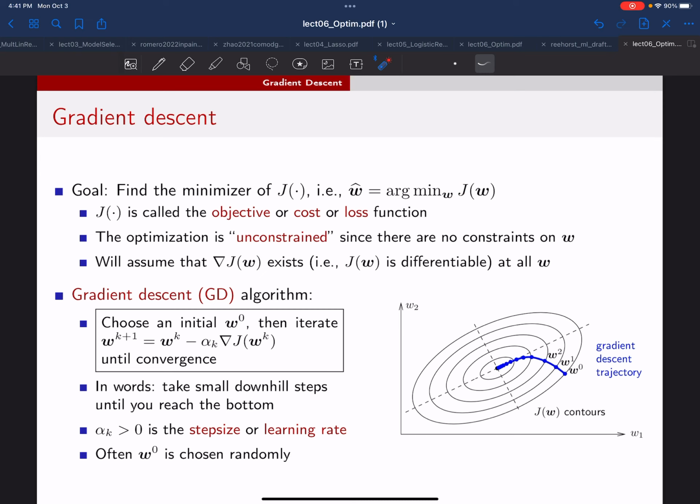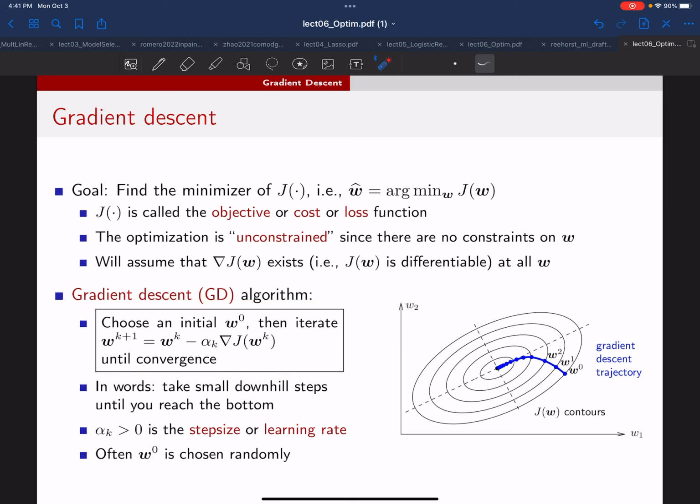We're also going to assume that the gradient exists, or in other words, that J is differentiable. This is not always the case because, as we saw with lasso, that lasso cost was an example where the gradient doesn't exist at the origin. But for now, we're going to assume that it exists when we talk about gradient descent. So with those preliminaries, this is the algorithm.